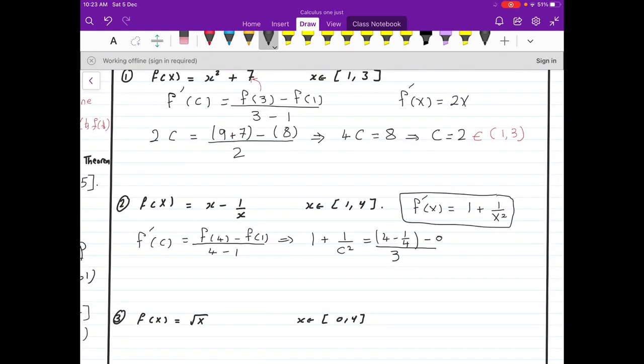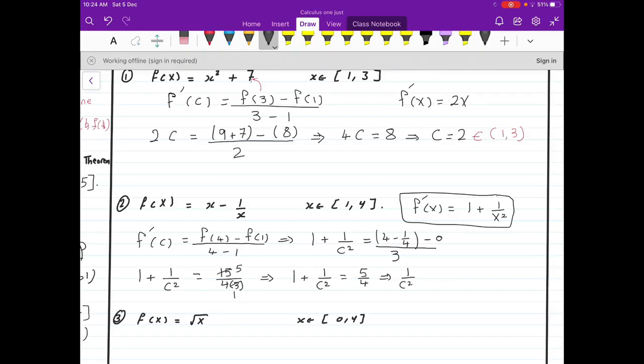Now we want to solve for c. So this equivalent 1 + 1 over c square = 4 - 1 over 4, اطرحهم حيعطينا 15 over 4 divided by 3. So منها 1 + 1 over c square = اختصر على 3، 15 على 3، 5 over 4.